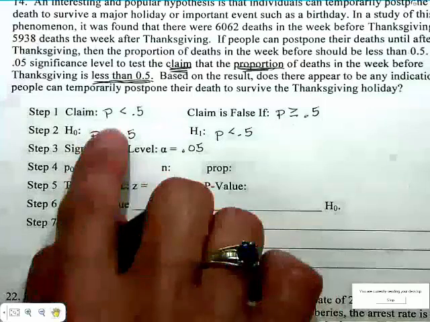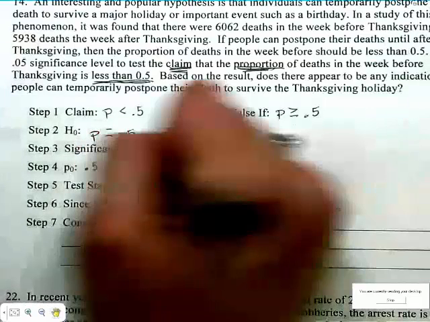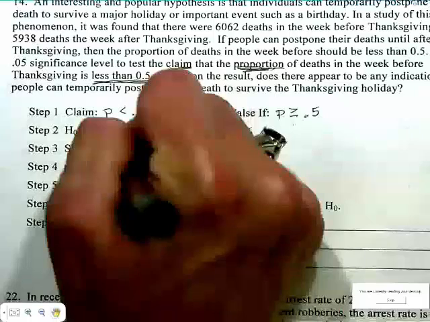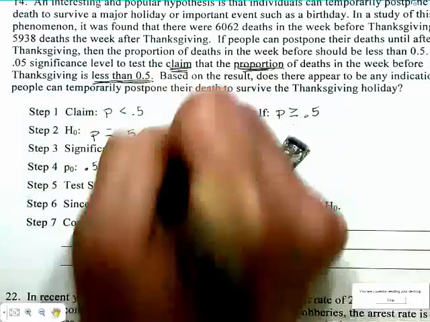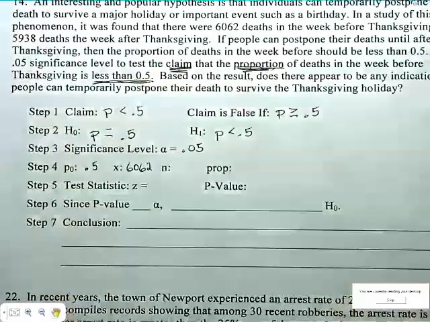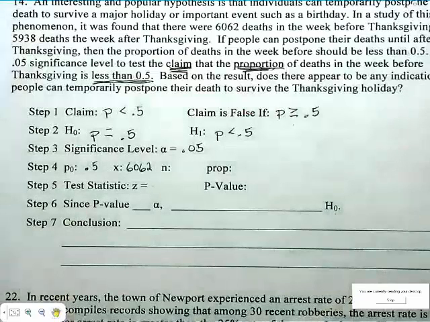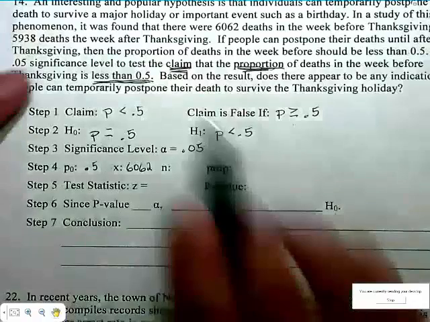Yeah, 6,062. If your claim is about the percentage who died before Thanksgiving, then X has to be the number who died before Thanksgiving. And what is N? The total, not the number after Thanksgiving, but N is always the total. So add those two numbers and what do you get, somebody?